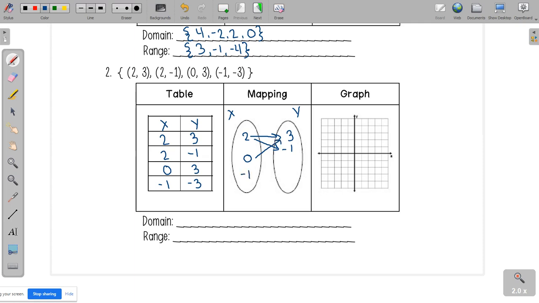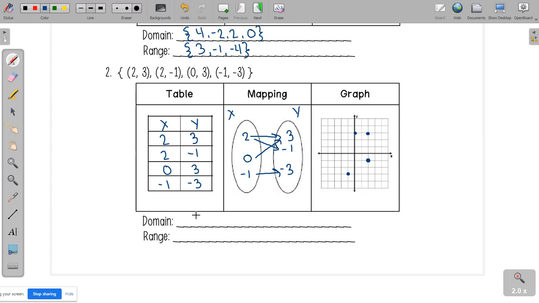And then we have -1, -3. It's mapped. Now let's graph it. 2, 3. 2, -1. Then we have 0, 3, and we have -1, -3.